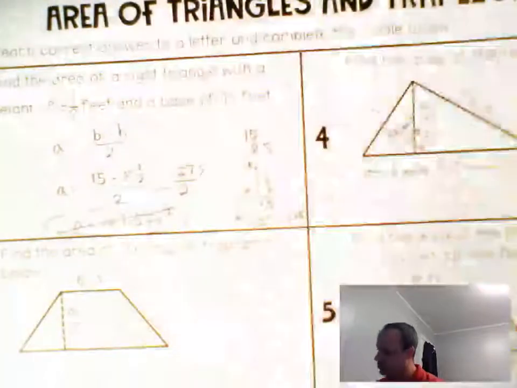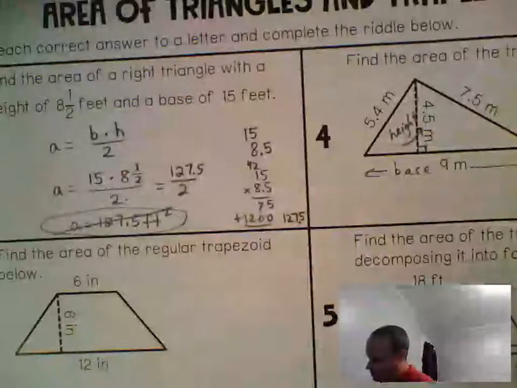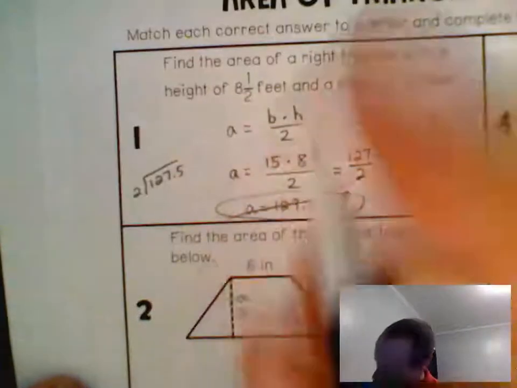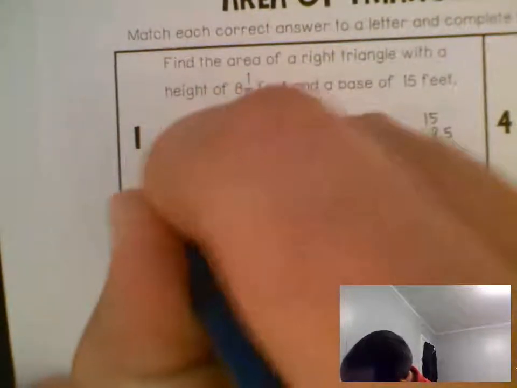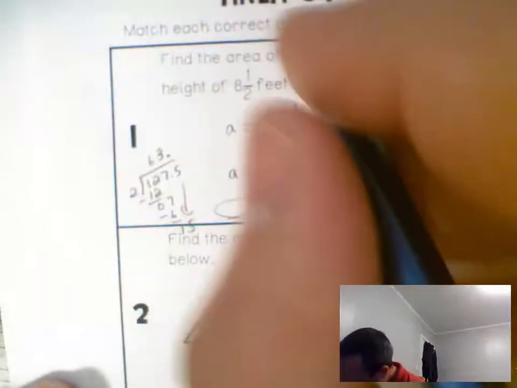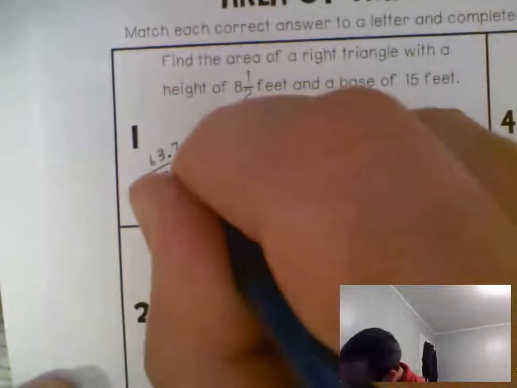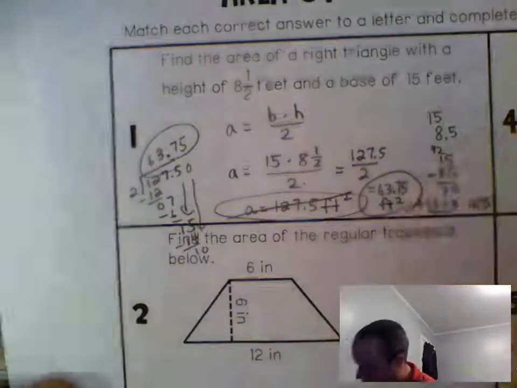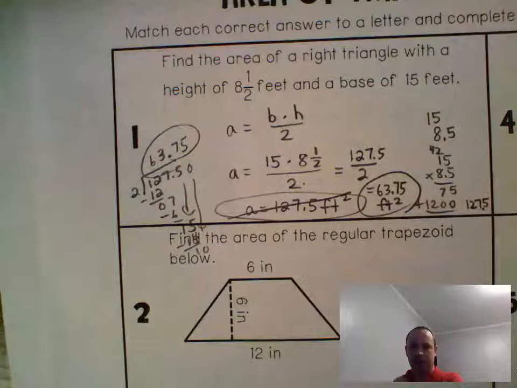My answer is 127.5 over 2, okay, which would be, if I come over here, which will be 63.75 feet squared. Okay, so just one more step.